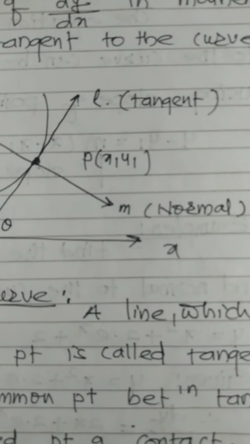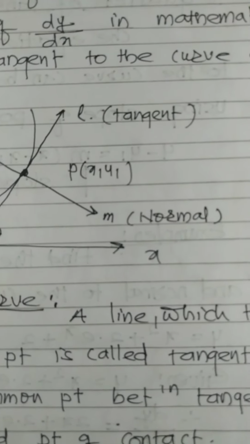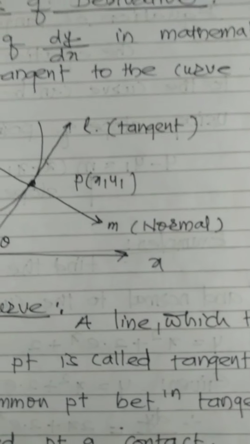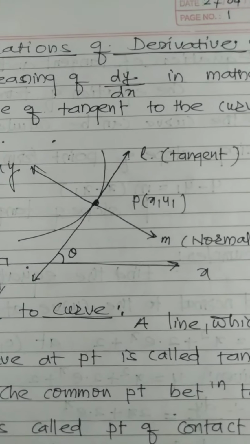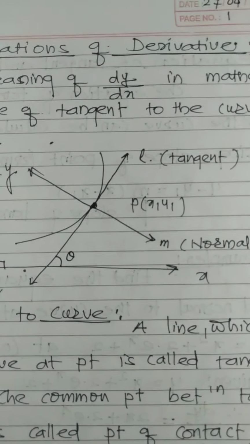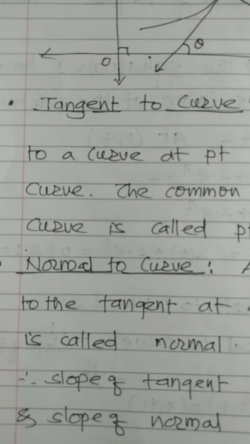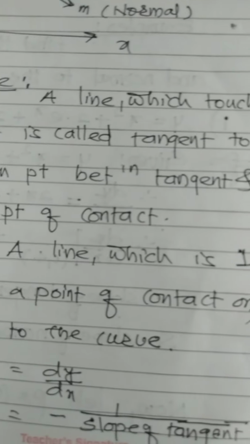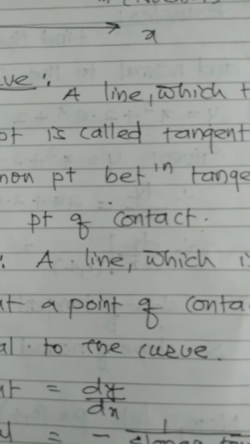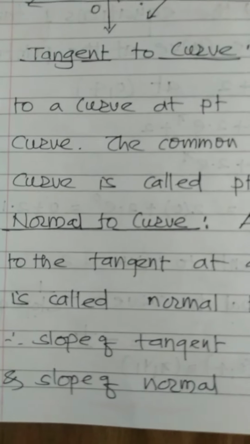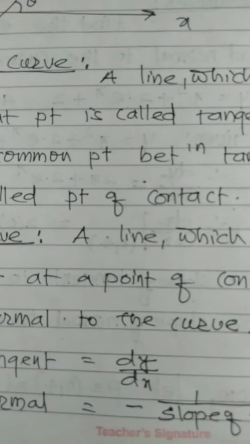Next, we have to consider line M, which we call the normal to the curve. That means the line which is perpendicular to the tangent at the point of contact only. By definition, a line which is perpendicular to the tangent at the point of contact is called the normal to the curve.